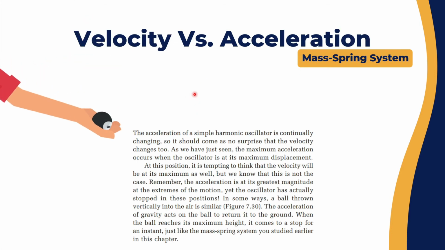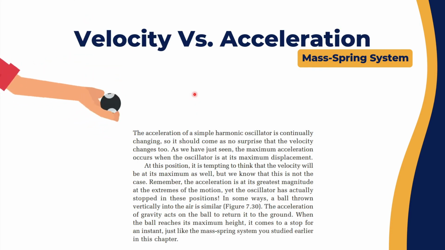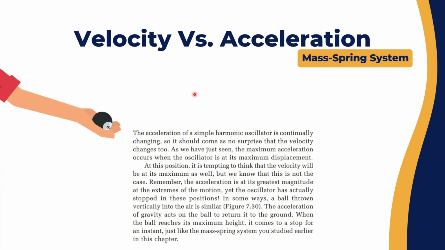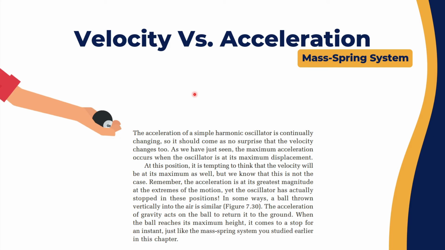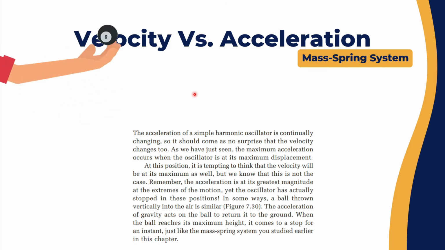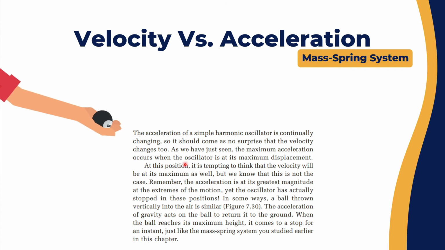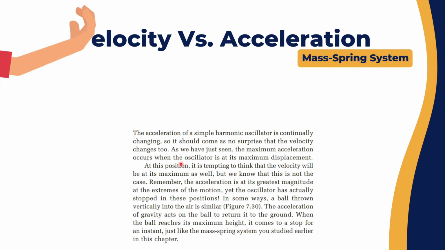Now there is a relation between velocity and acceleration for the spring-mass system. The acceleration of a simple harmonic oscillator is continually changing, and the velocity is changing as well. The maximum acceleration occurs when the oscillator is at its maximum displacement.